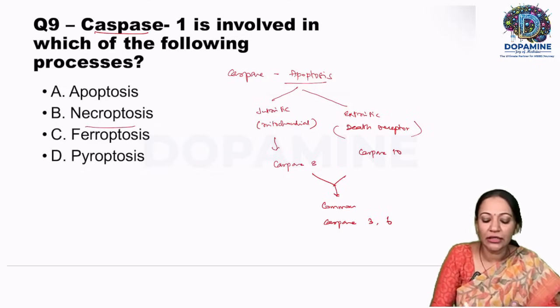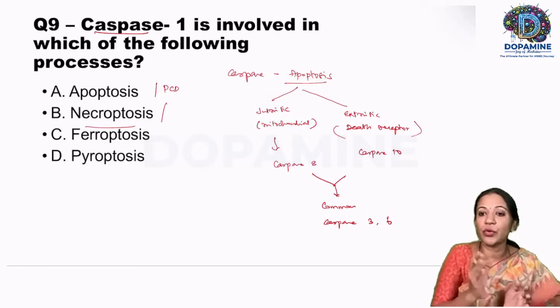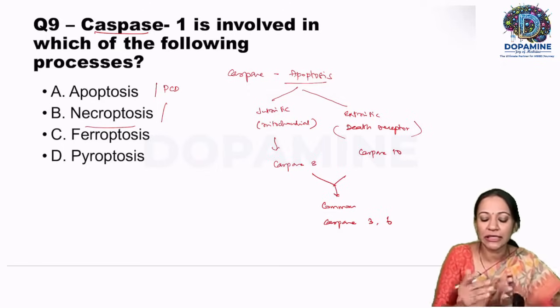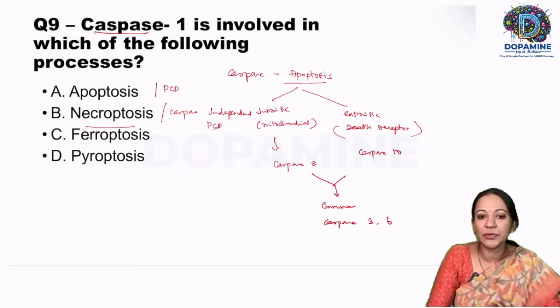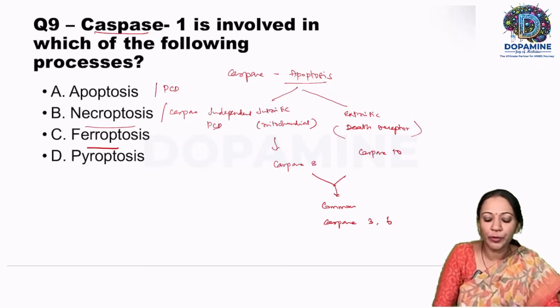Okay, so this is apoptosis. Necroptosis is actually the other name for necrosis. See, this is called programmed cell death. Necroptosis is a combination of necrosis and apoptosis, but why don't we call that necrosis? Why don't we call that apoptosis? Because it is caspase independent programmed cell death. So caspases have no role. Coming to ferroptosis, here iron is involved.